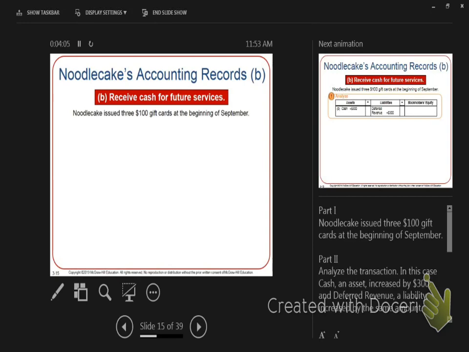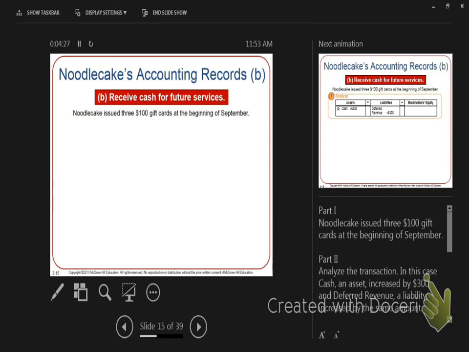We issued 3 gift cards at the beginning of September for $100 each. So gift cards are something different, right? So first of all, we issued 3 gift cards for cash. What did we get? Cash. How much? $300. Where are we going to put this? Is it revenue?